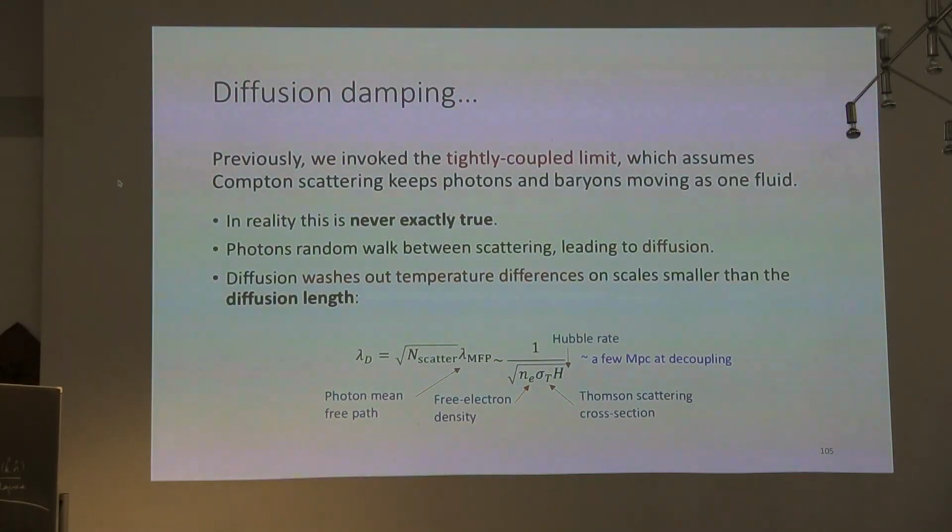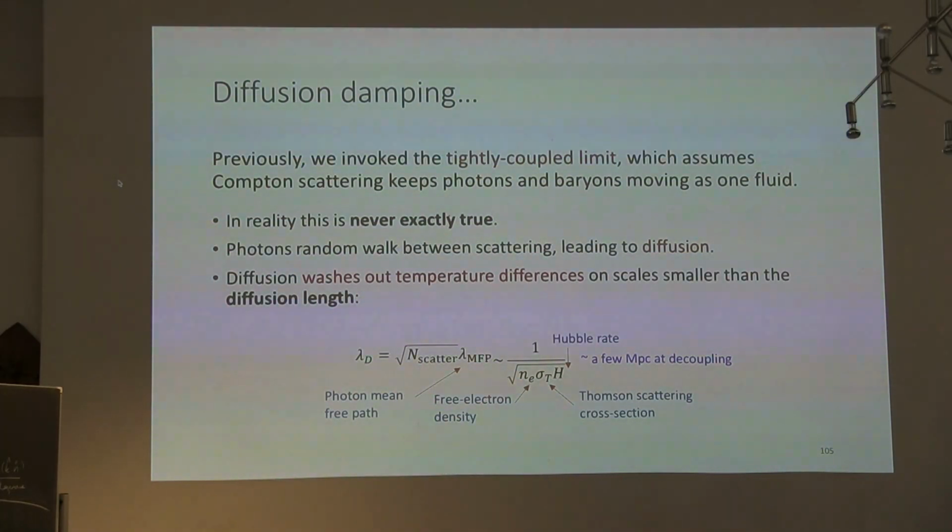Okay? In reality, this is never ever exactly true. And that is because what is really happening is that your photons are doing a kind of random walk between scattering. Okay? And random walk immediately leads to the effect of diffusion. Your photons are going here, there, and so on, and then eventually they end up over there. That's the phenomenon of diffusion.